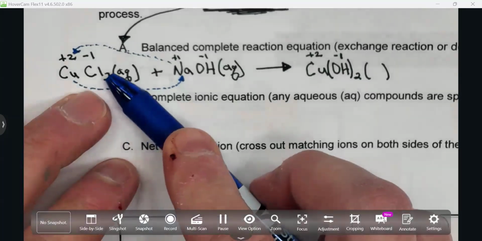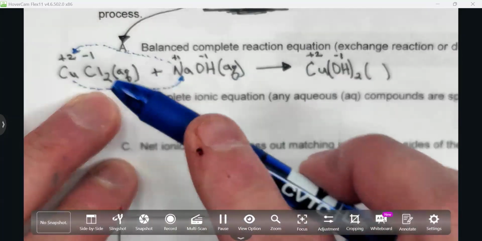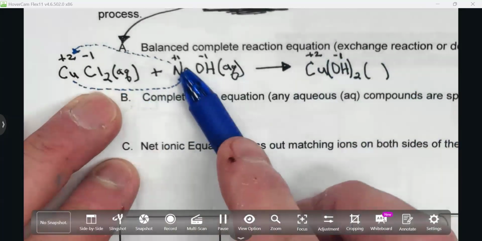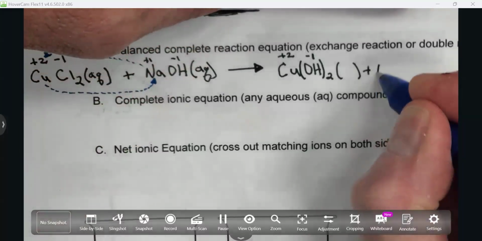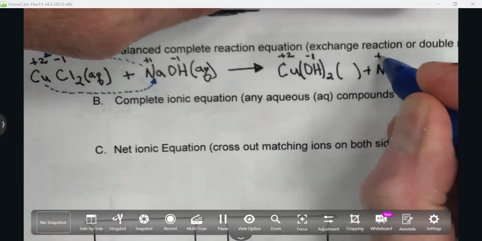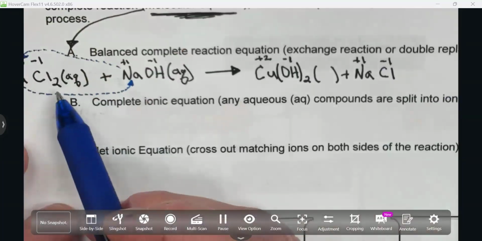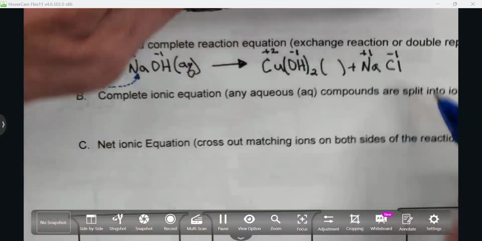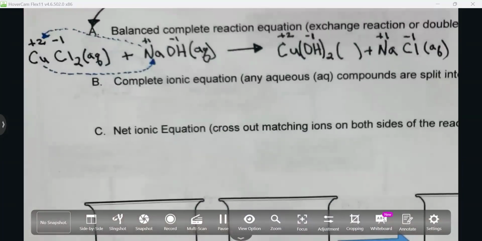There is a 2 there because copper is a +2, chloride's -1. You need 2 chlorides. Now, over here, sodium has a +1 charge and chloride has a -1 charge. It's Cl2 here because of the copper, but it's only a Cl here because of the sodium's +1. And that's aqueous. We're not going to look that one up.